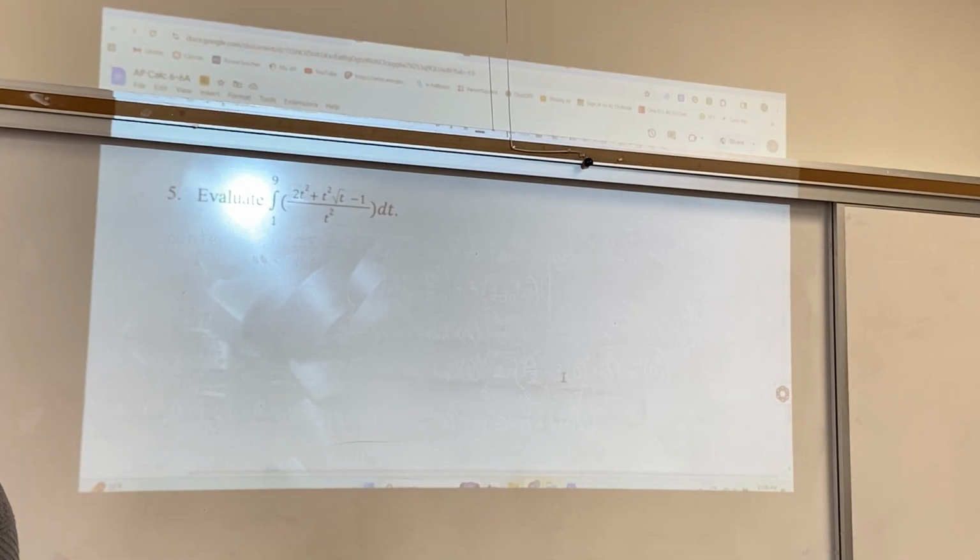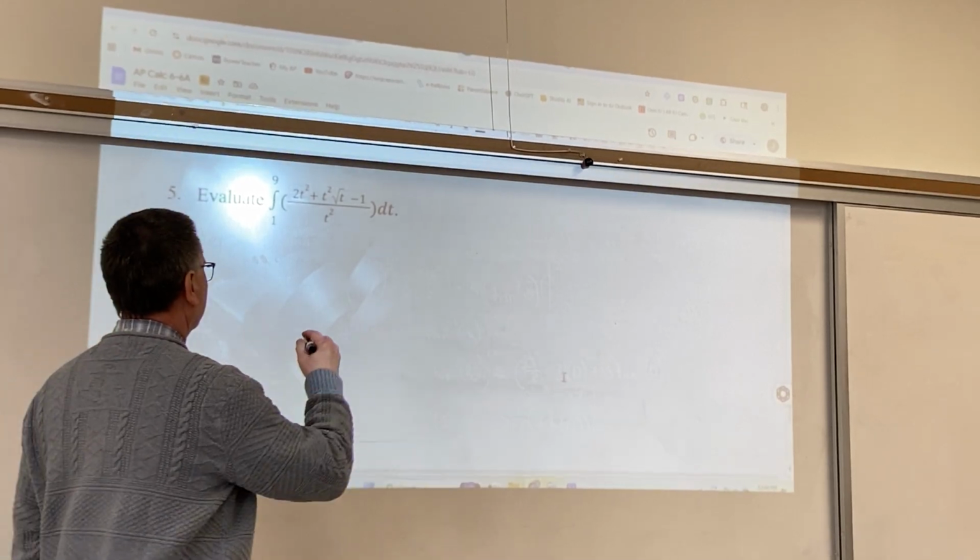Yes, it looks horrible. But what do I have in the denominator? Only 1 term. So you can just split it. I would split it up.